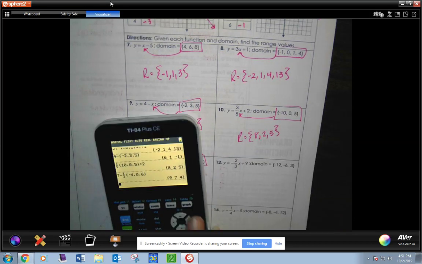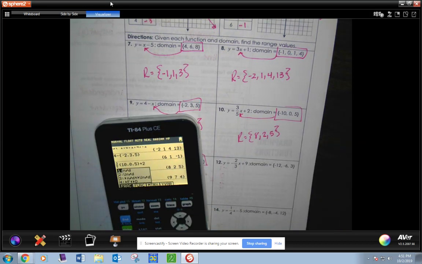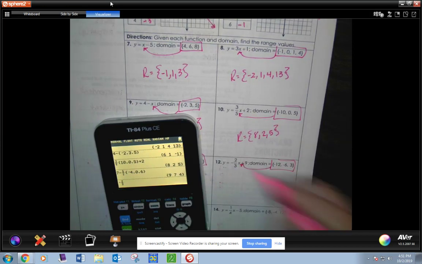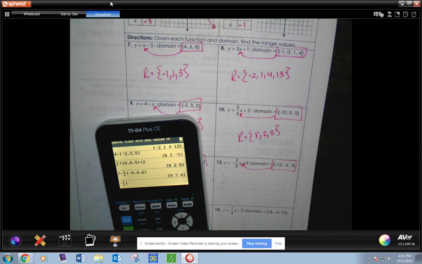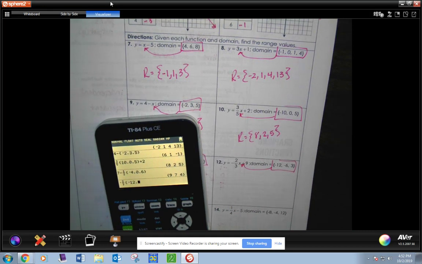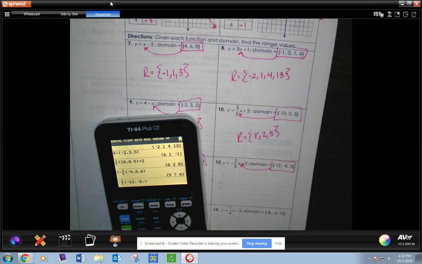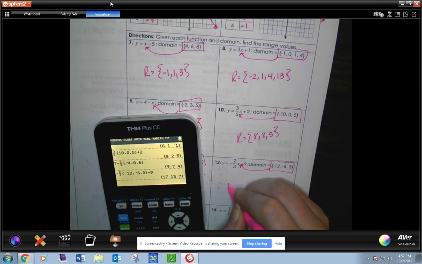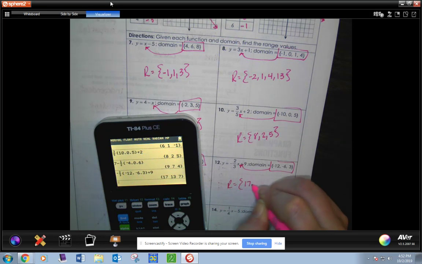For number 12, we have -2/3. I put this in for x. Second open parentheses, -12, comma, -6, comma, 3, second close, and then +9. Don't forget about that +9 after. I hit enter, and my range is 17, 13, and 7.